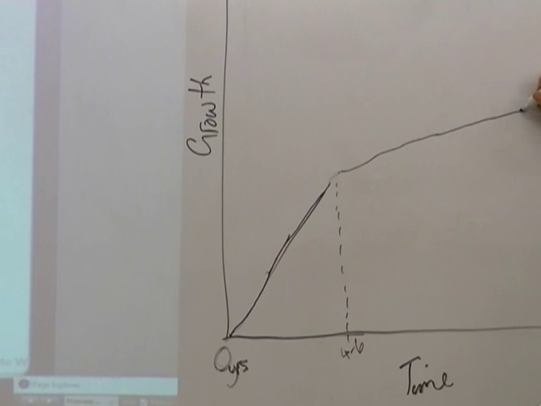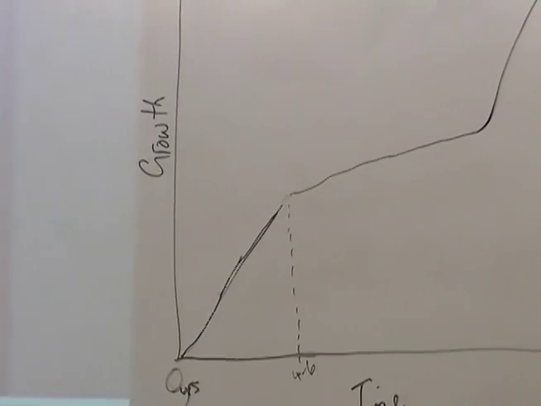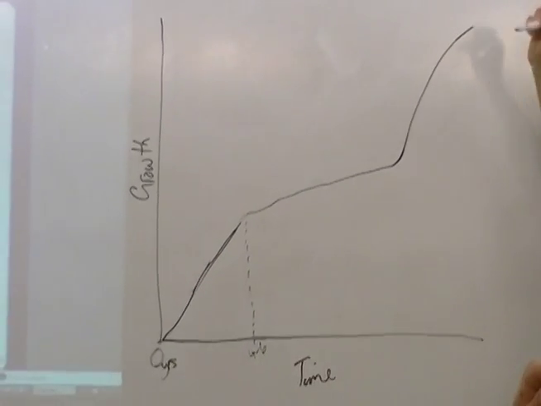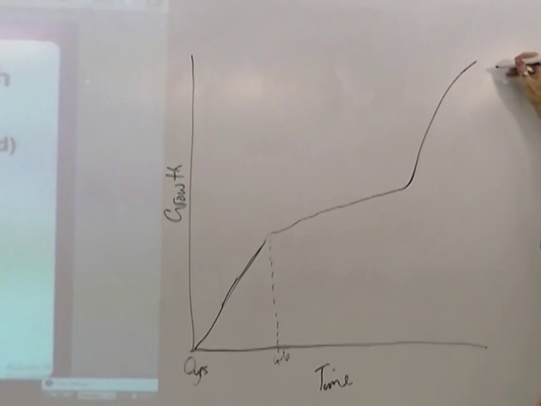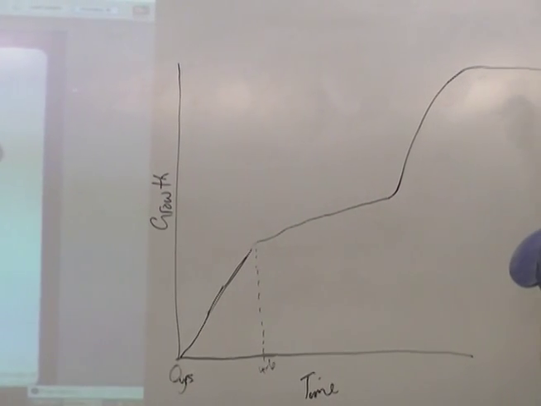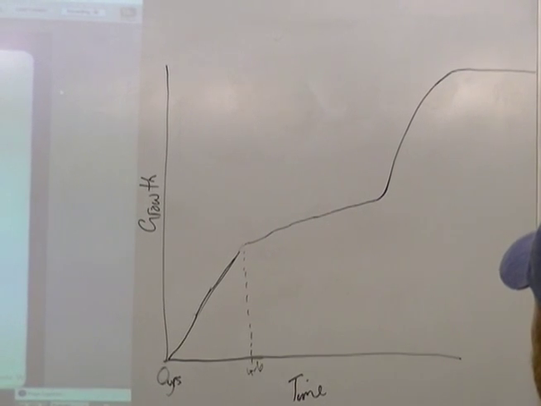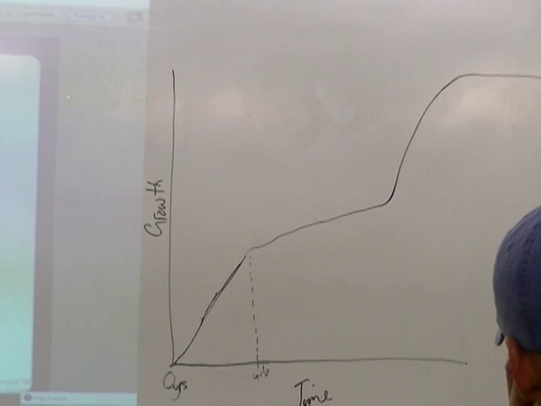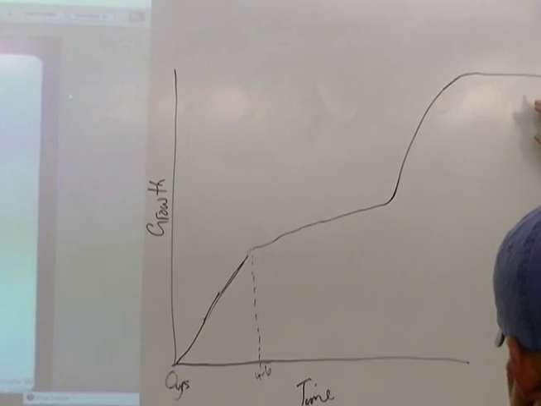And then we hit puberty and we see another big growth spurt. And then we see stable, and stop growing at some point in our early adulthood.